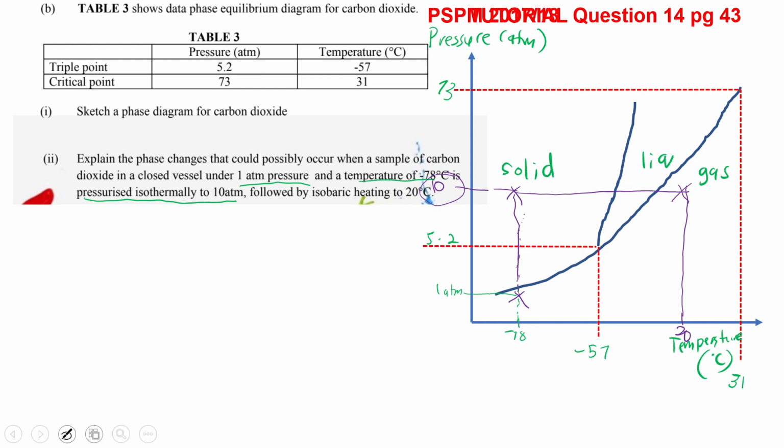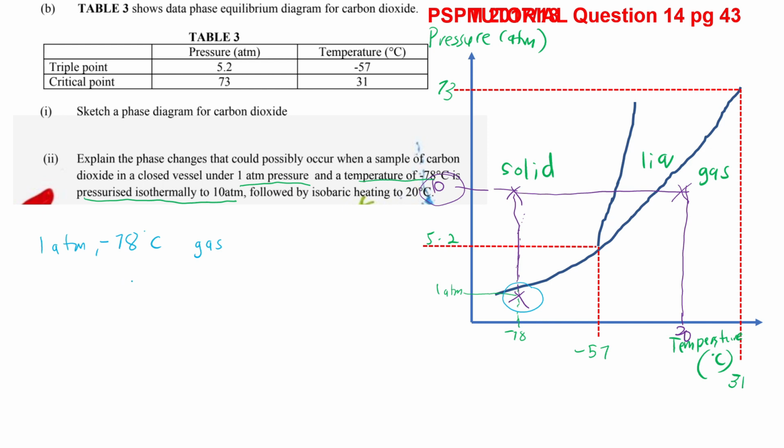So kita mula dengan sini, okay, kawasan sini. So dari masa 1 atm negative 78, dia exist as apa tu? Gas.